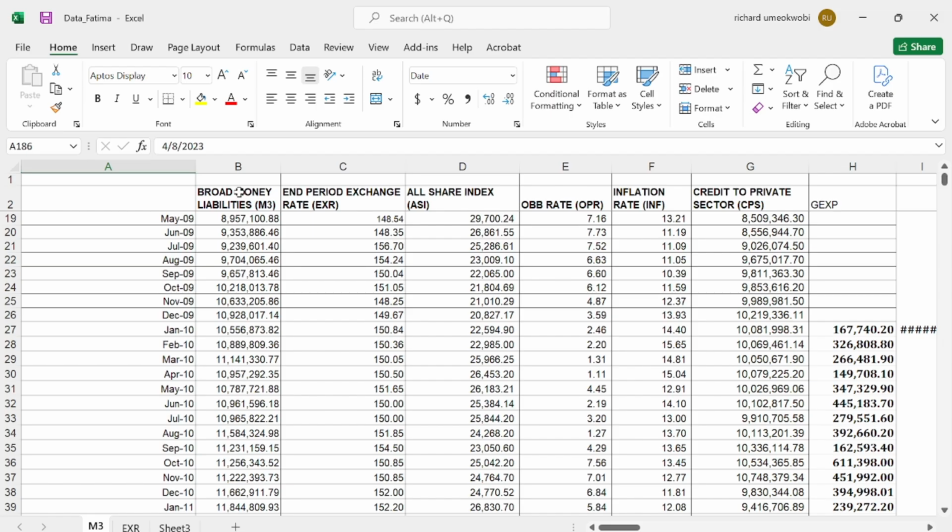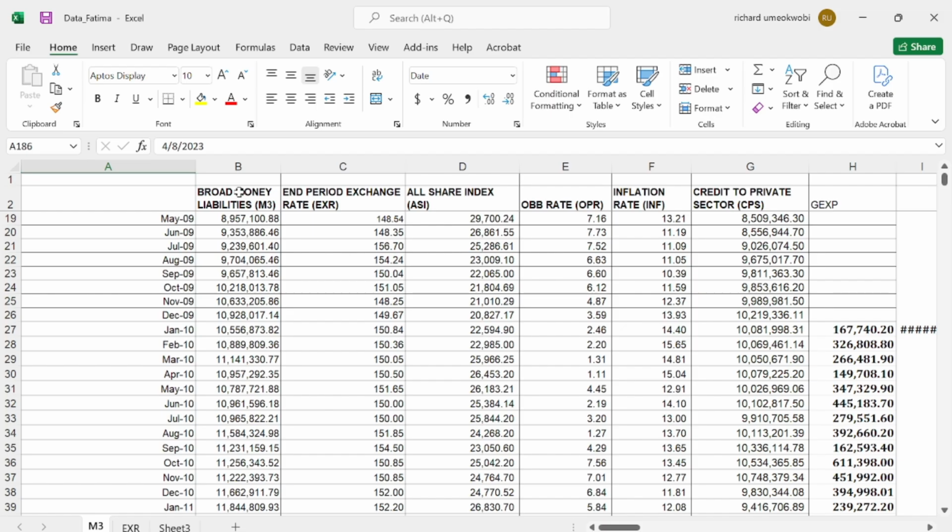It's the cash you hold and the cash you transact. But when you put M2, you're adding time plus savings deposits, all the money in your deposits and fixed accounts, which you can transact with but which is not as liquid as M1. So when you add it to M1, you have your M2.